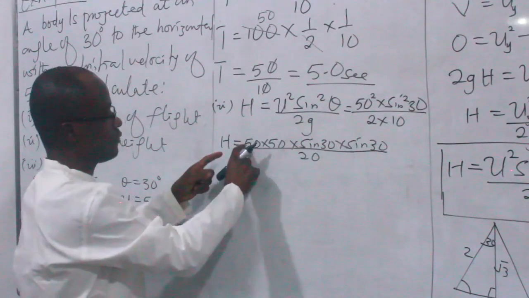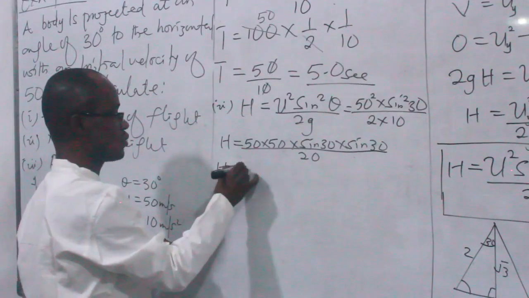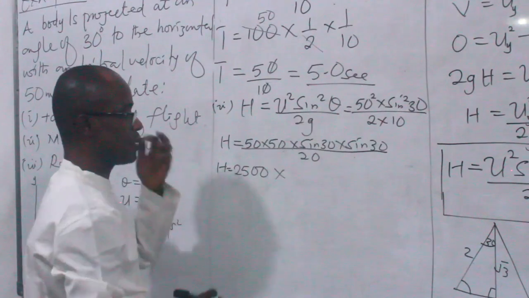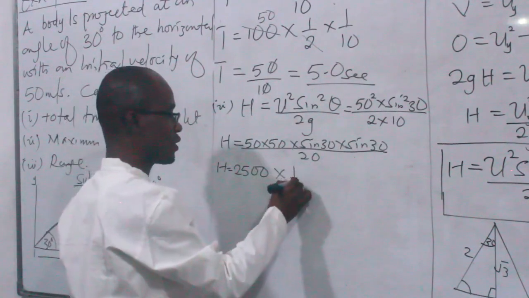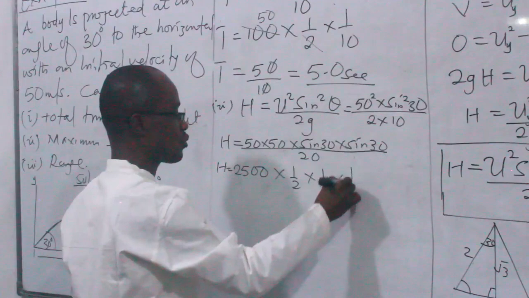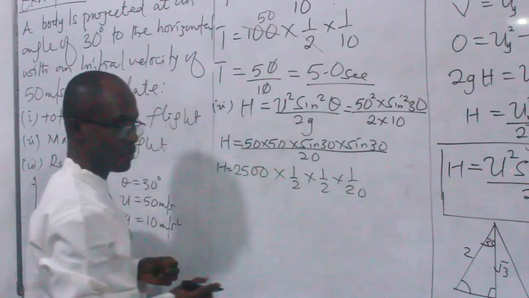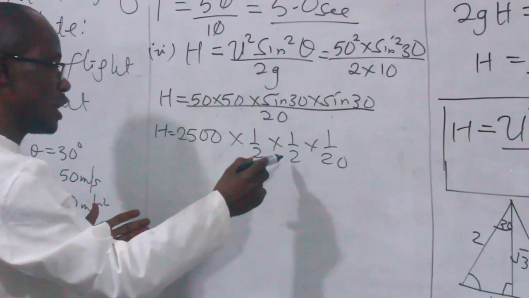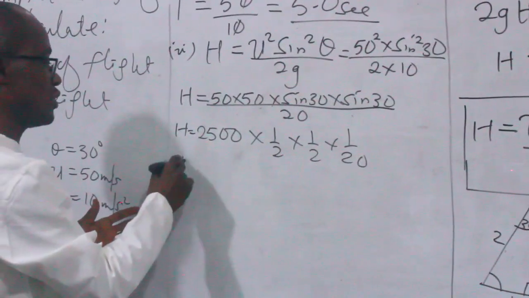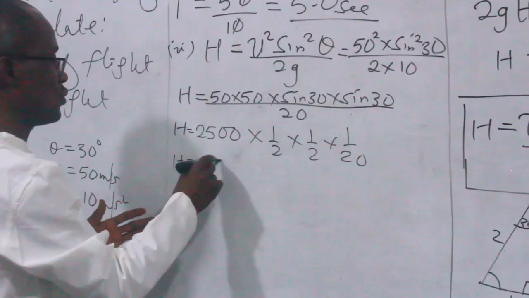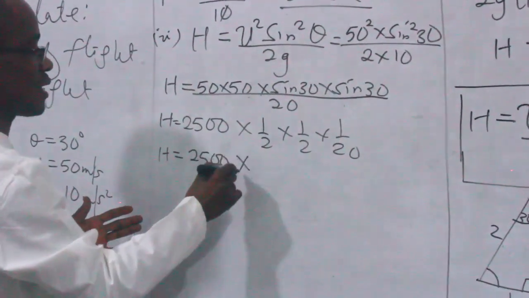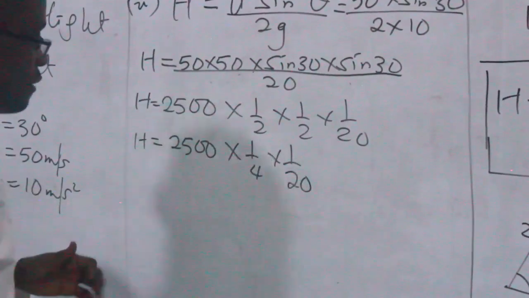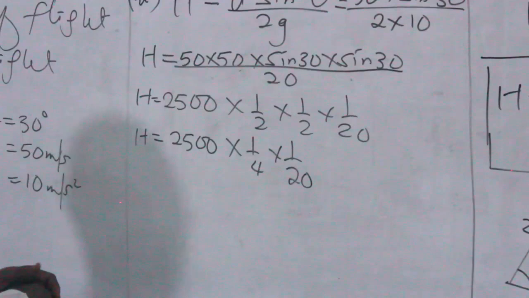So we have 5 times 5 is 25, then double 0, then times sine 30 is half, 1 over 2 times 1 over 2 times 1 over 20. All right? Then in this case, h equals 2500, then times 1 over 4 times 1 over 20. All right, let's simplify to the lowest level.